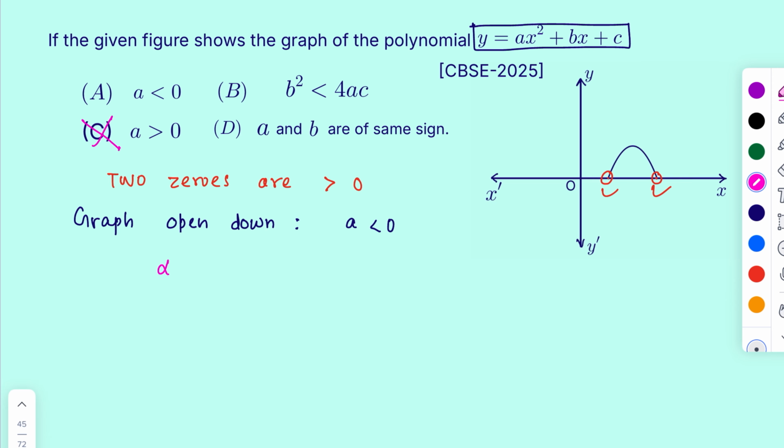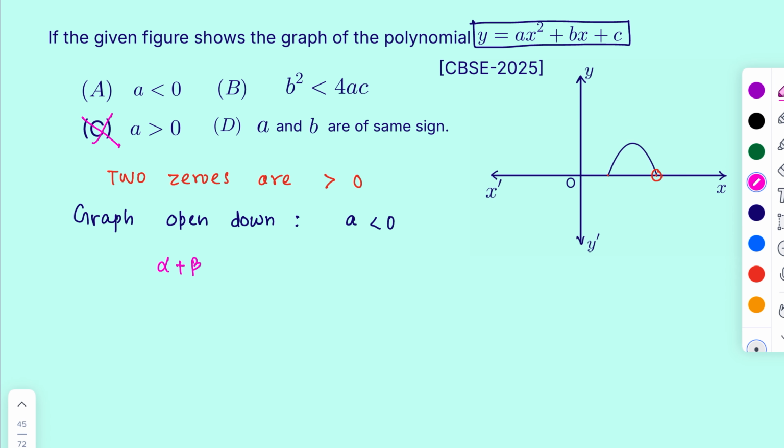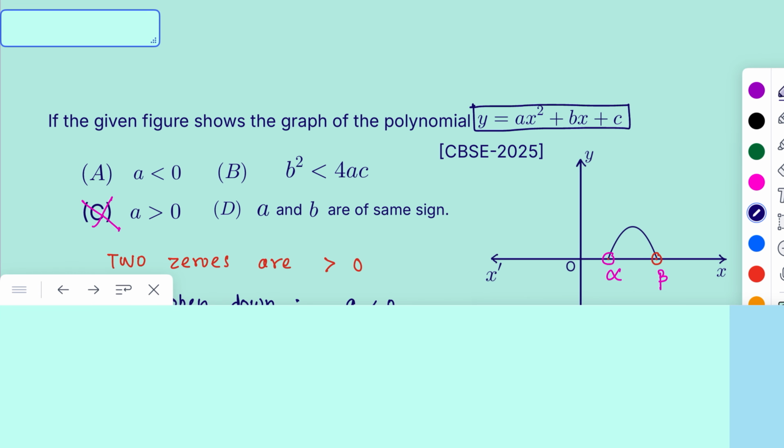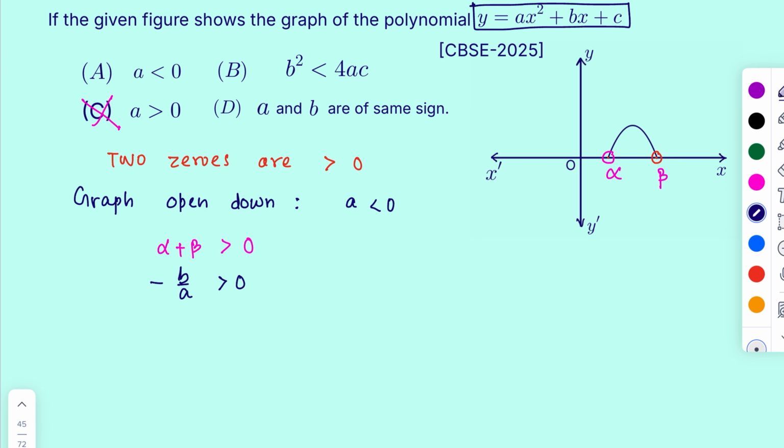Now the second thing is whether a and b are of the same sign. You see, alpha is one zero and beta is the other zero. Both are greater than 0, so alpha plus beta is greater than 0. We know that alpha plus beta is minus b by a. So minus b by a should be greater than 0. But a is less than 0.